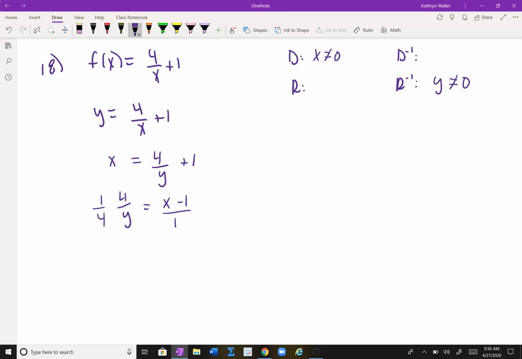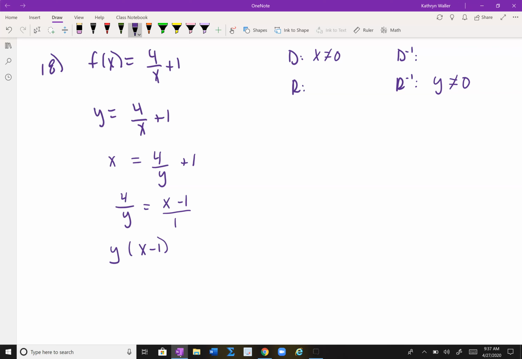They multiply by 1/4, and then they're like, okay, those are gone. And they get y equals x minus 1 over 4, but that's false because that y is actually on the bottom. So you'd have 1 over y equals that. So I don't recommend that. I just think cross multiplication is so easy. So I'm going to cross multiply, but I'm not going to distribute.